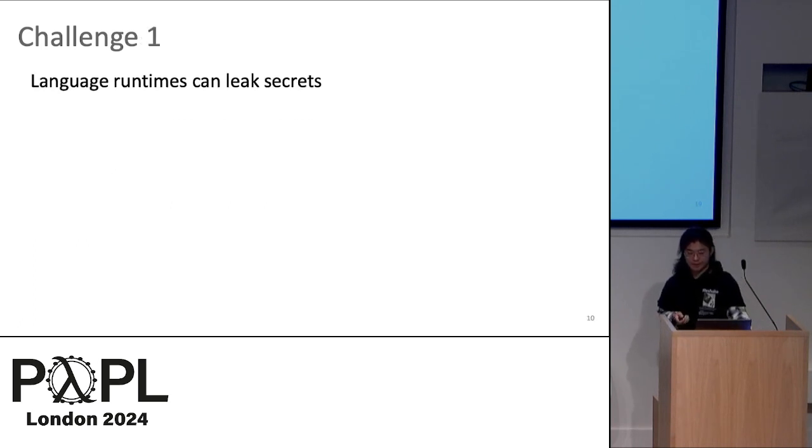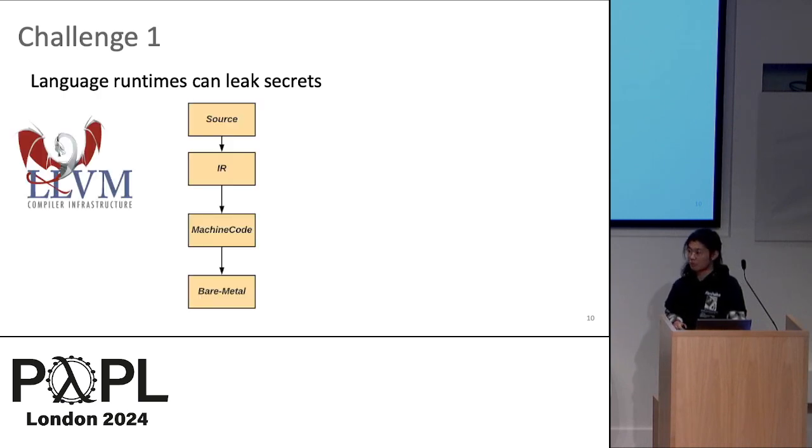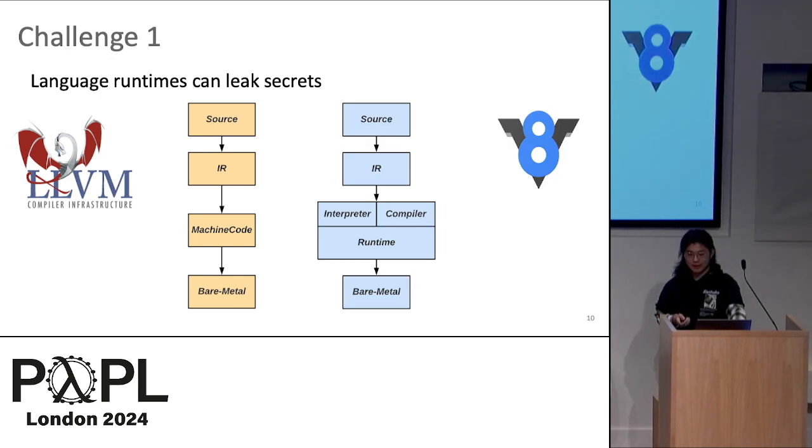So first, the language runtime leaks secrets. This is not a problem for prior work because they did the transformation at the LLVM IR level, and they assume that the compiler is trusted to get constant time machine code, and then the CPU can execute the machine code instructions in a constant time manner. Unfortunately, the language runtime doesn't interpret bytecode instructions in a constant time manner.